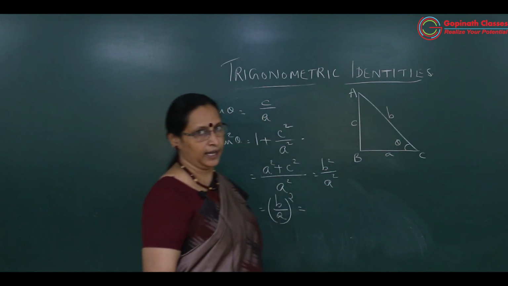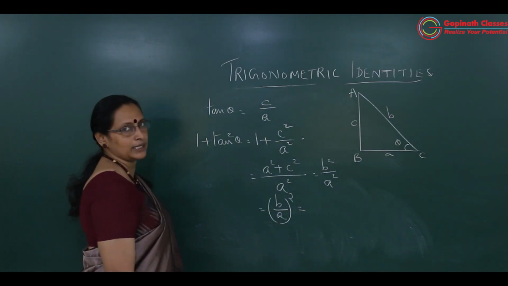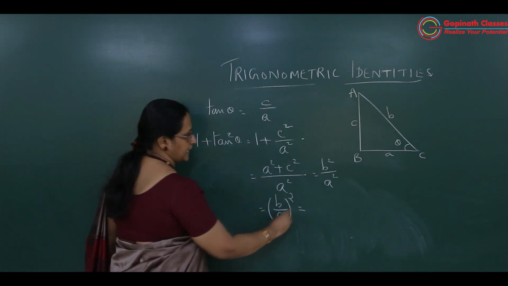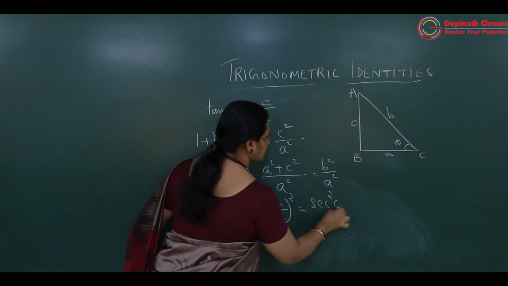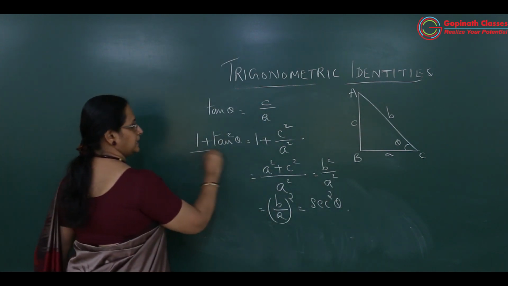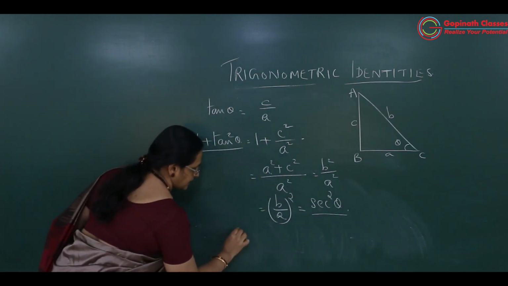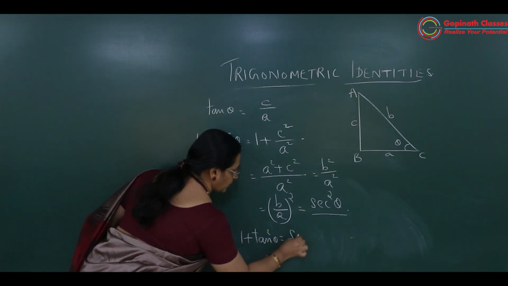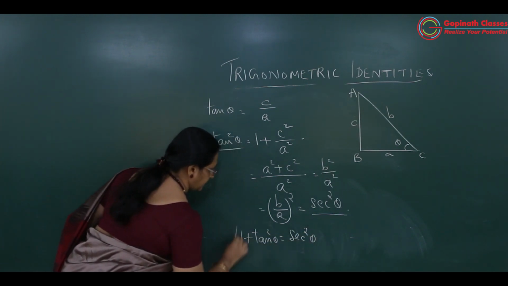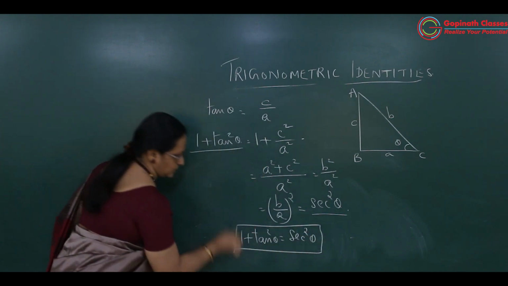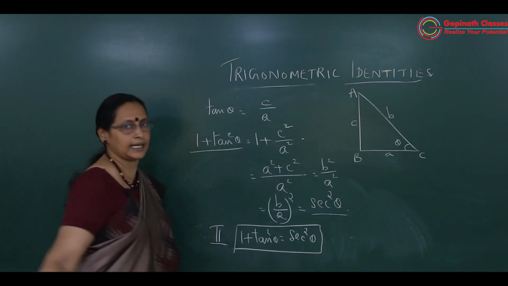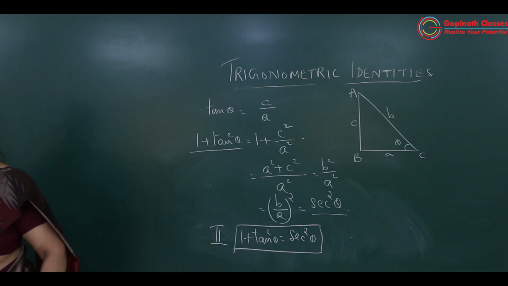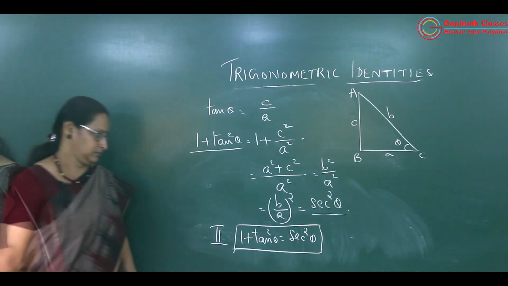B upon A is hypotenuse upon adjacent side, which is nothing but sec theta. So this will come sec square theta. So I am getting the second identity, which is namely 1 plus tan square theta is equal to sec square theta. So please note, this is the second identity. 1 plus tan square theta is equal to sec square theta.